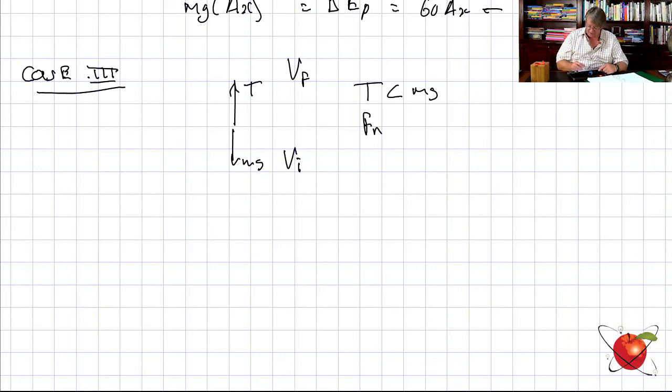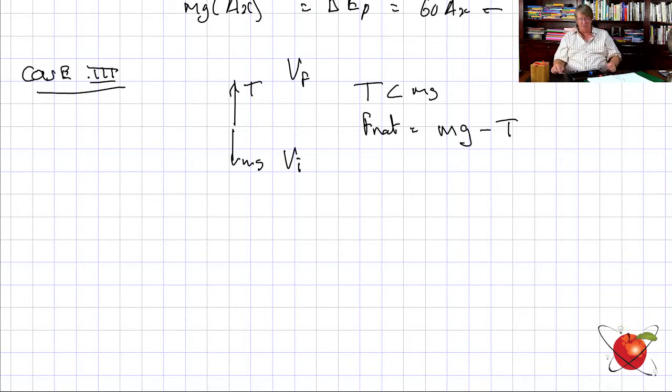There's an F net here of mg minus T, isn't there? In other words, my tension isn't enough to hold it up. So it's going to start an acceleration, okay, is going to be that way, isn't it?